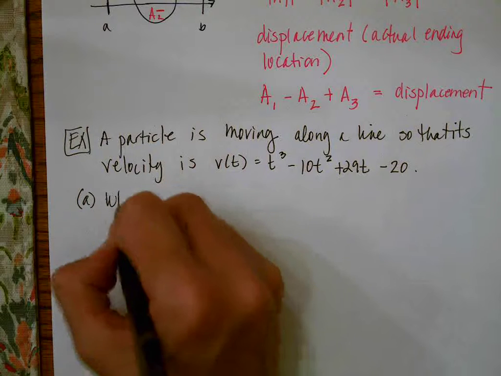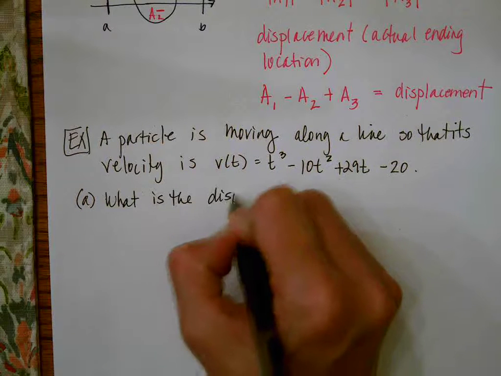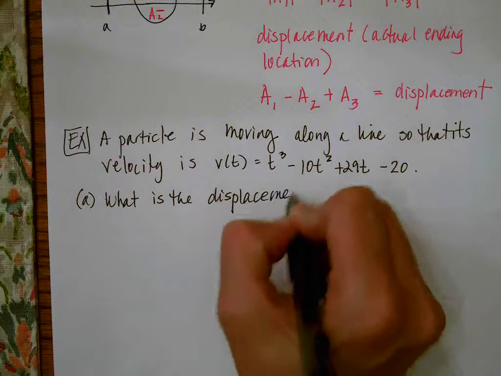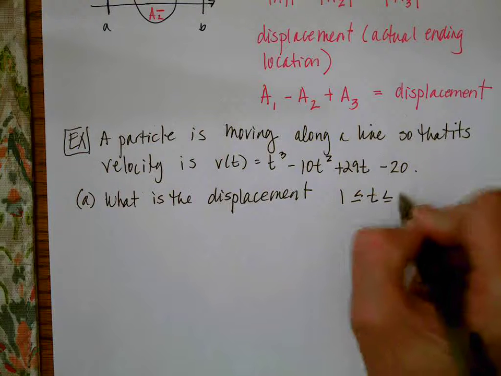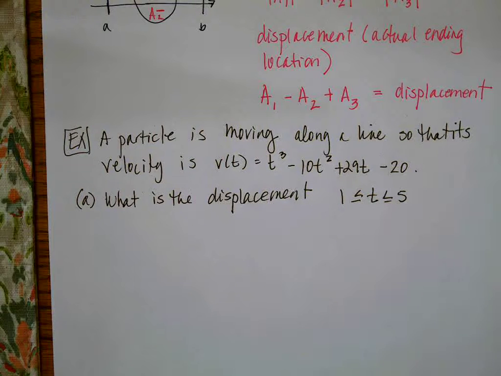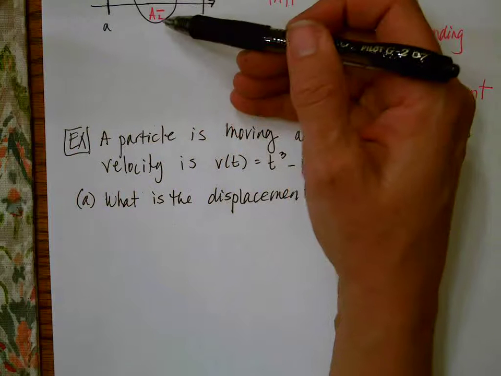And I want to ask a couple of different questions. So the first question would be, what is the displacement from 1 to 5? Well, total displacement is just the sum of all the areas.